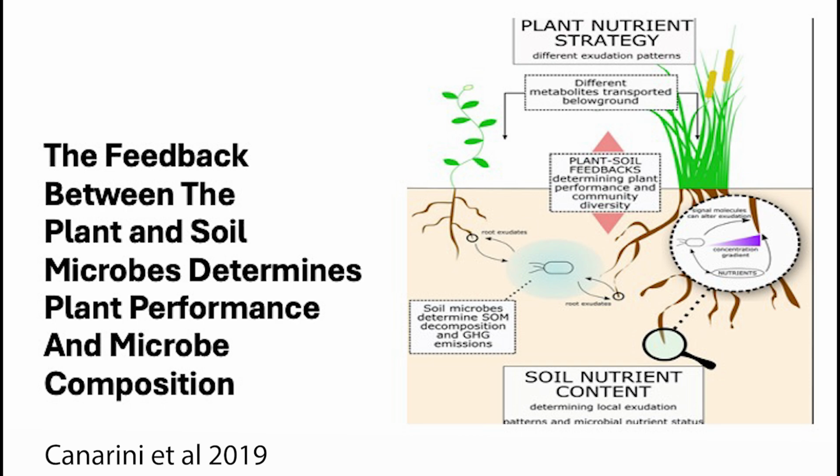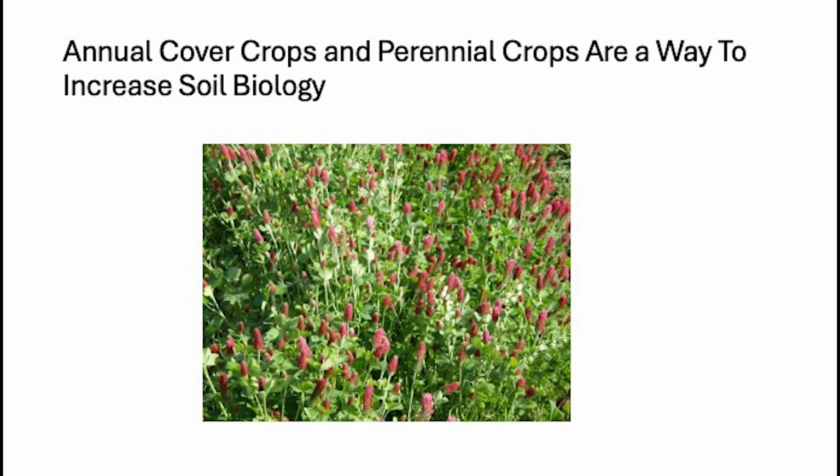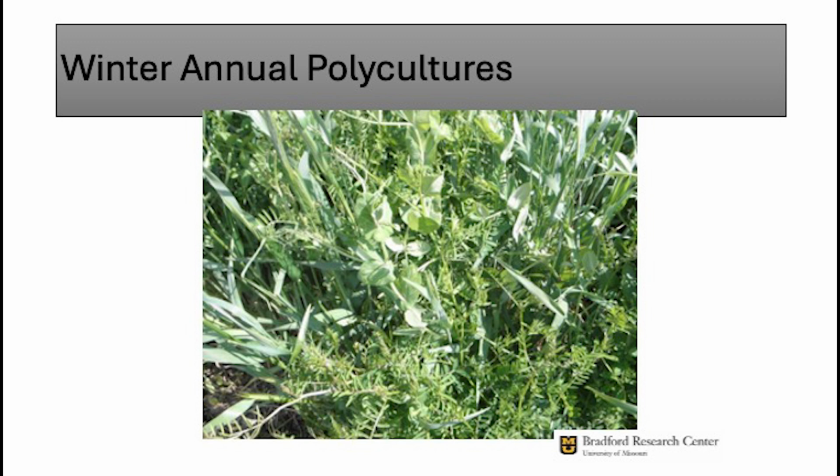One way that we can improve soil biology is through cover crops, whether annual cover crops or perennial cover crops. We can also improve it by manure applications. But having something growing year-round is extremely important.